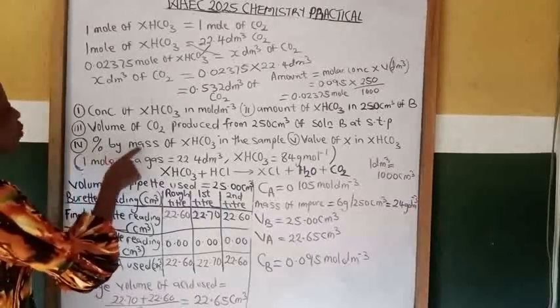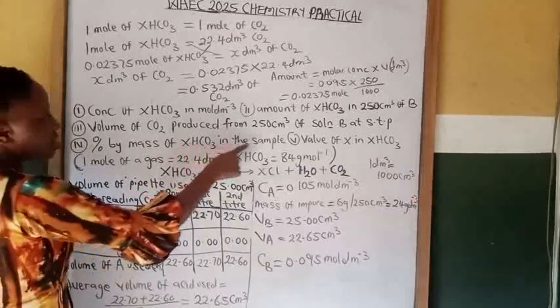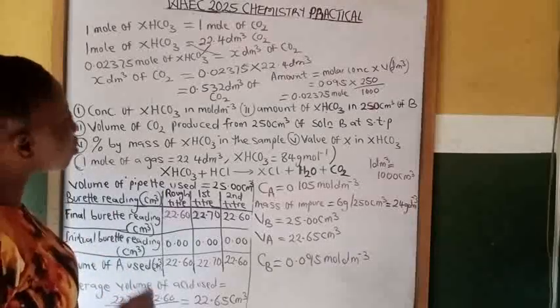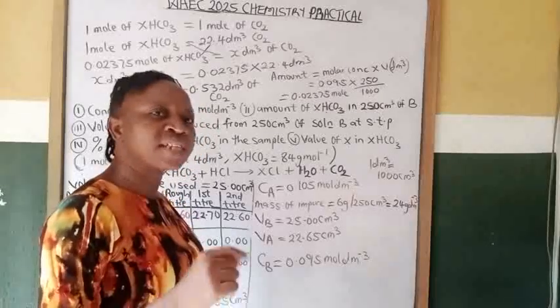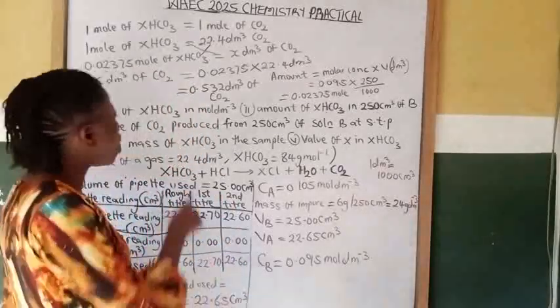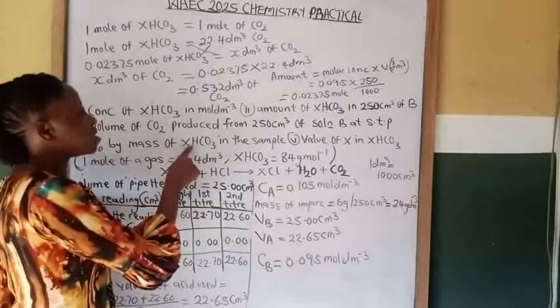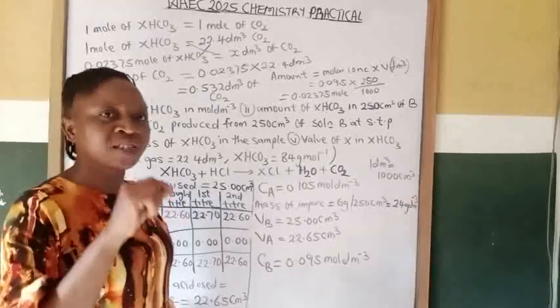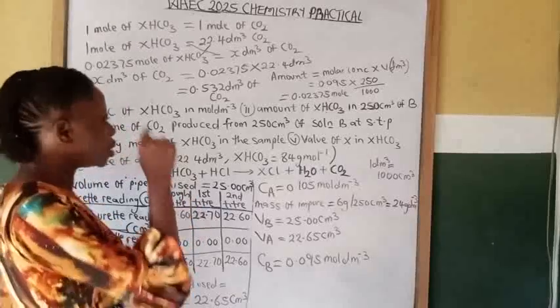is the percentage by mass of hydrogen thiazocarbonate in the sample. Don't forget that the sample consists of an impure substance, but we don't know that impure substance. Then our XHCO3 is pure because it is our real base. Our real base is pure, but it contains an impure substance according to the question.